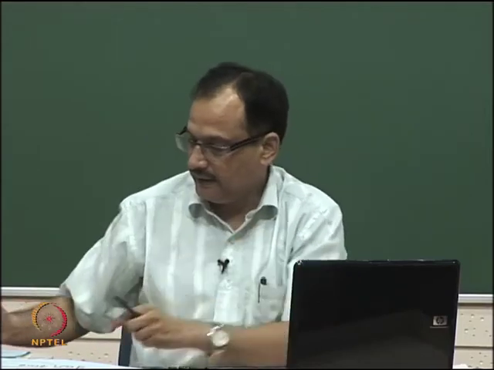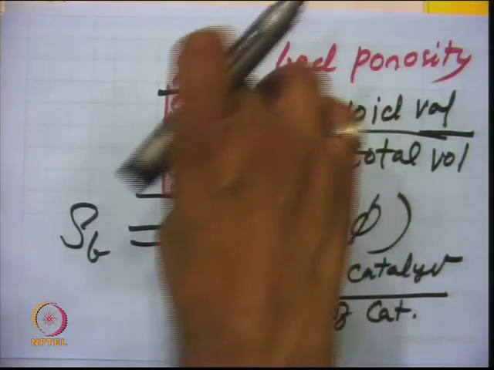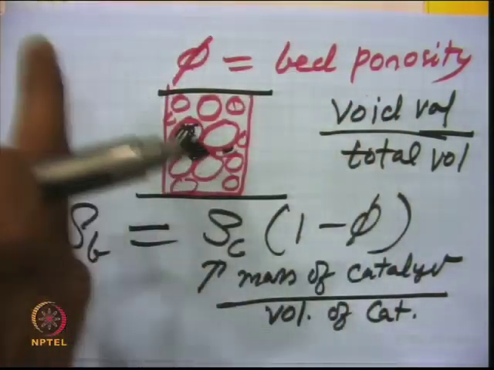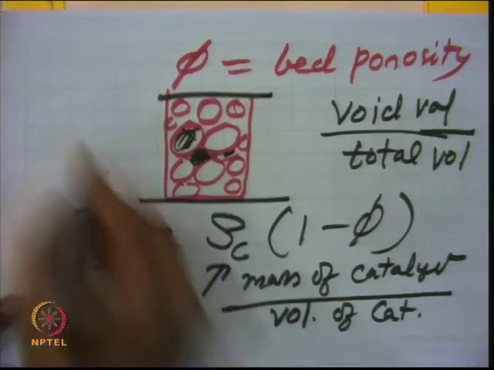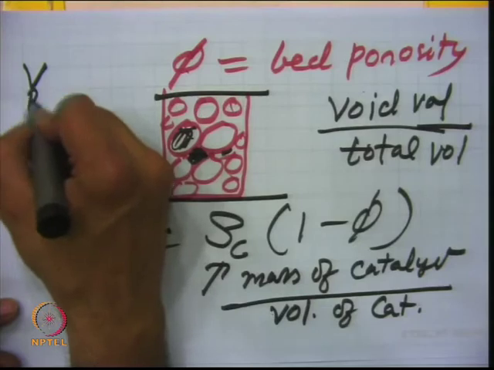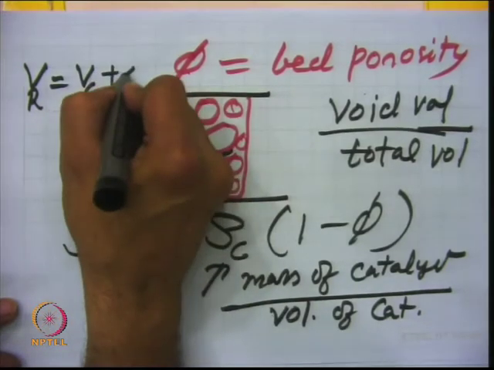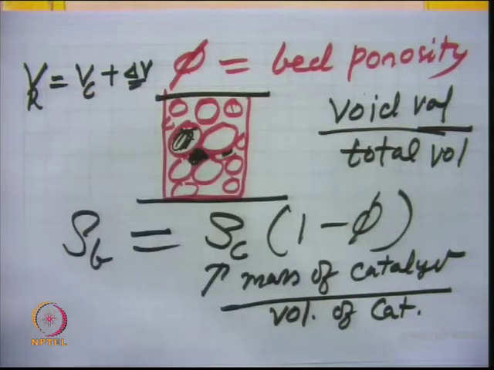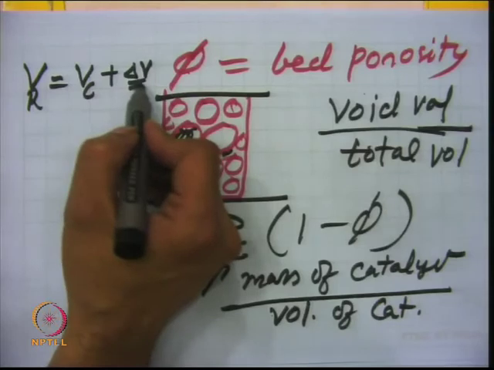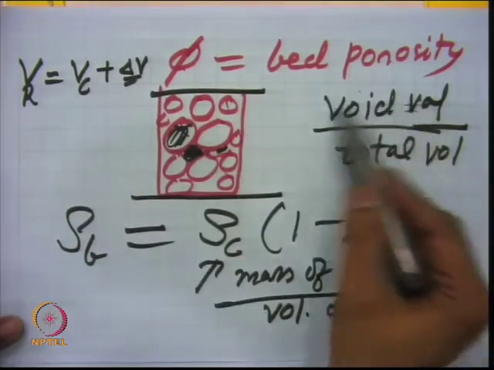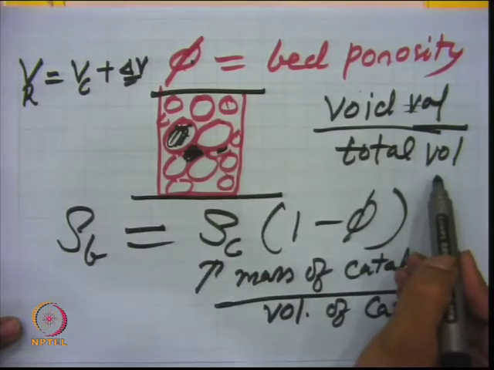So, basically you can write the volume of reactor is equal to nothing but the volume of the solid plus the voids. If you write your volume of reactor VR, it is nothing but Vc plus the delta, which is the additional volume which has arisen because of the void, and that delta is nothing but this void volume, which is phi into total volume.